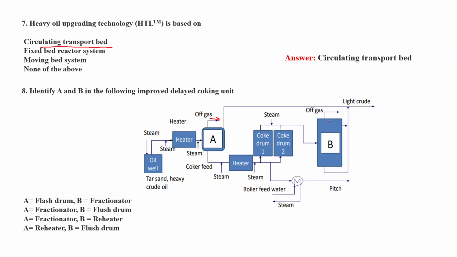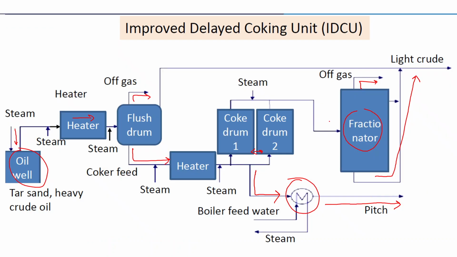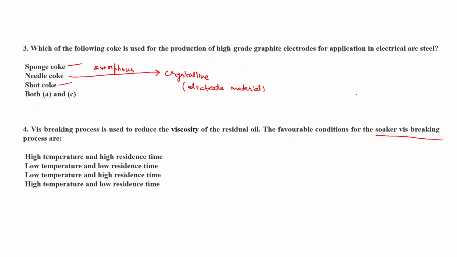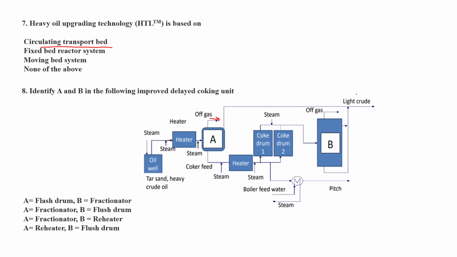We studied this just now, I showed you. So this is the delayed coking unit. This is the fractionator, and this is the flash drum. So in the question, it is A and it is B. So the answer is A is flash drum and B is fractionator.